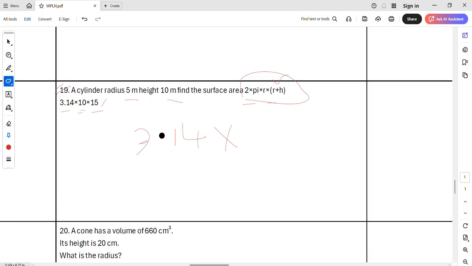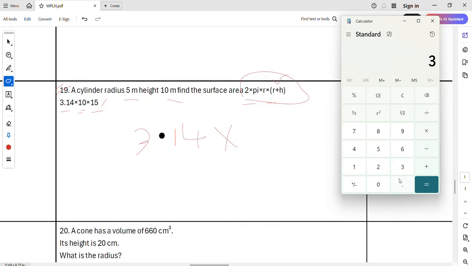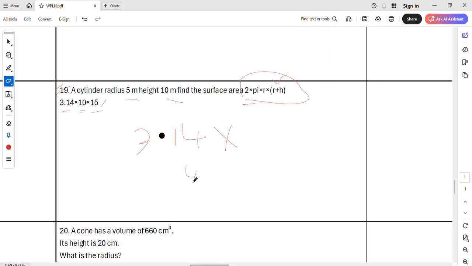So based on the formula we follow 3.14 multiplied by 10 multiplied by 15, so 471. Okay, so cylinder radius 5 meter, height 10 meter, find the surface area. So surface area is 471.